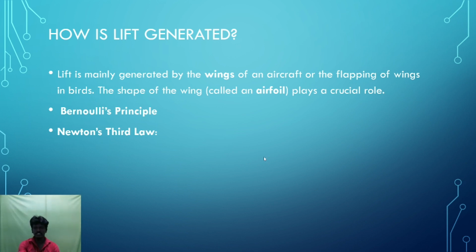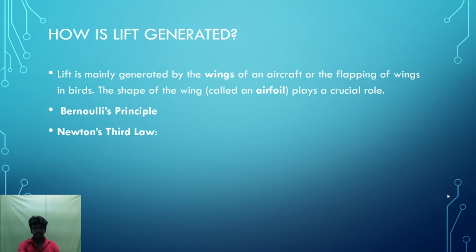Lift. Lift is the main phenomenon to fly the aircraft, counteracting gravity. Lift is mainly generated by the wings of an aircraft, or the flapping of the wings in bats. The wing plays a vital role in creating lift, through the aspect ratio and wing loading.